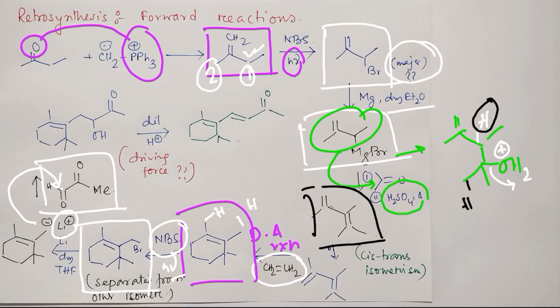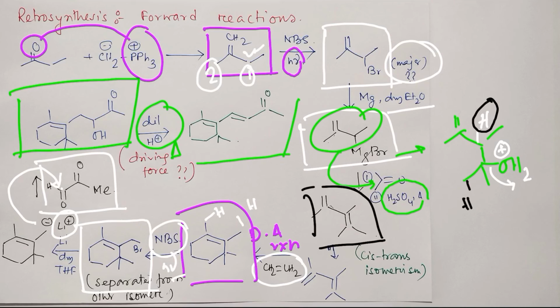And another thing, remember, nucleophilic addition on carbonyl is a reversible reaction. Okay, so ultimately it will result in this compound. If you then put dilute acid and heat, this alkene will be produced. Now there is an interesting part in this case. After putting acid, it will be this OH2 plus.